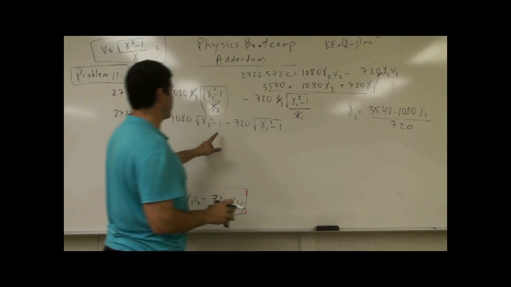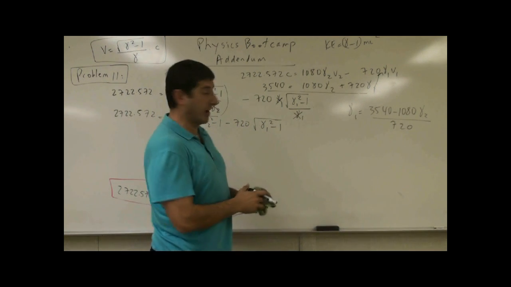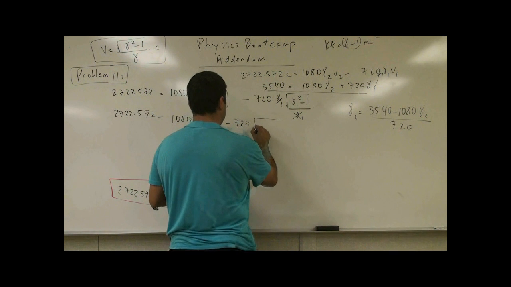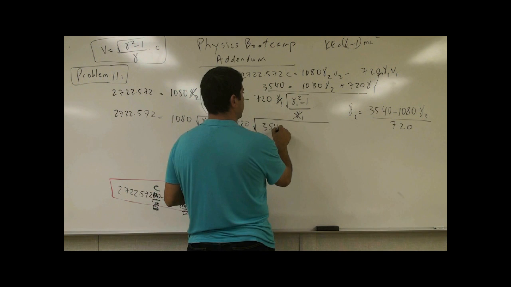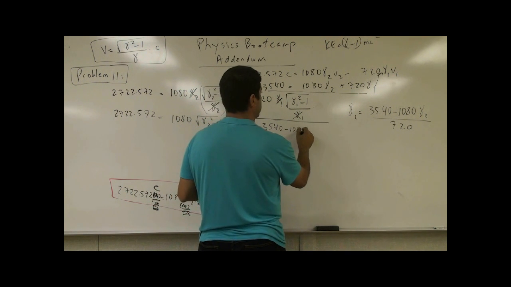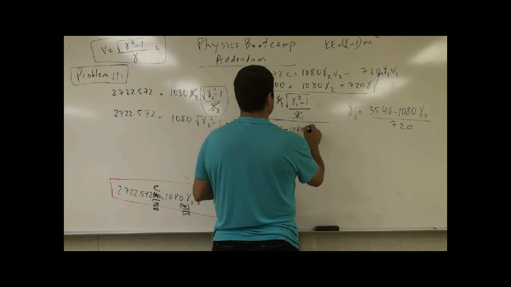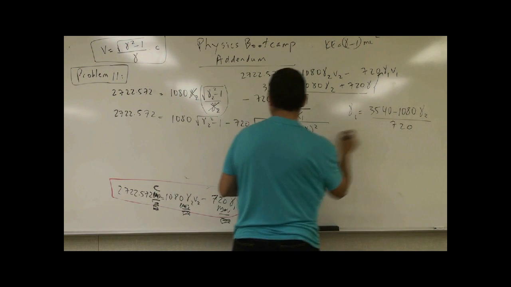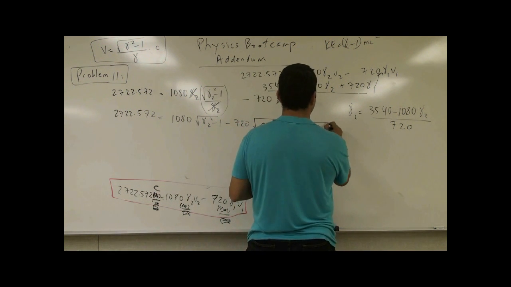So replace that with this gamma 1 right here. So you're basically going to square that thing. I'll take the gamma 1 squared here. I'll have a huge equation: 3540 minus 1080 gamma 2, quantity squared, over 720 quantity squared, minus 1, right?